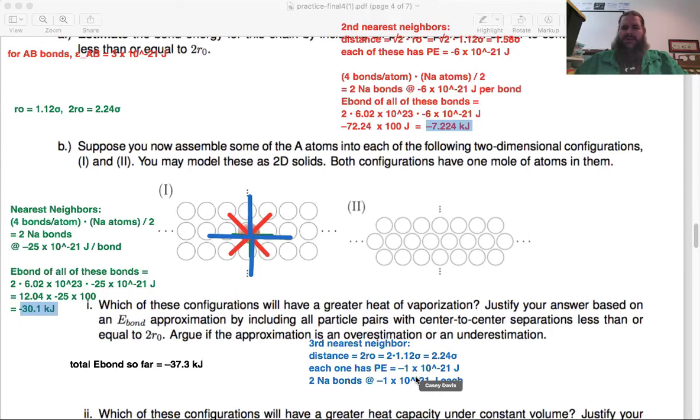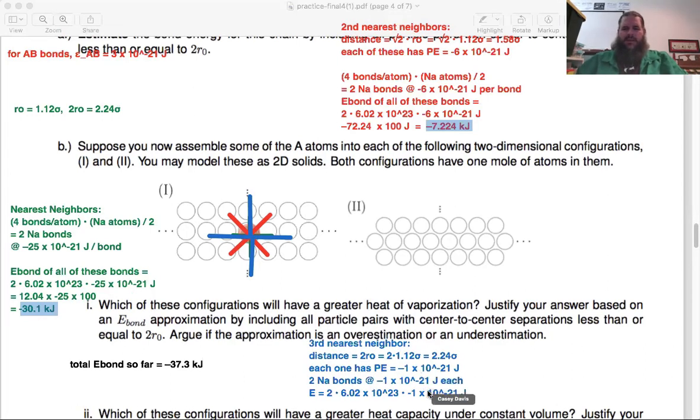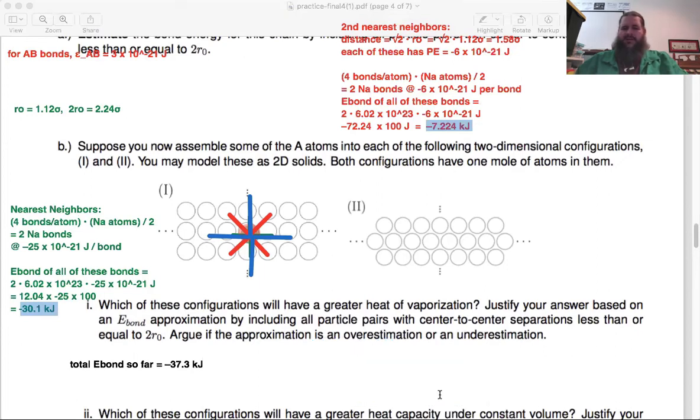Multiply those, and that'll tell us the bond energy of all of those of that type. So 2 times Avogadro's number times -1 times 10 to the negative 21 joules each. And here we just got, again, 10 to the 23rd and 10 to the negative 21 becomes 100 joules.